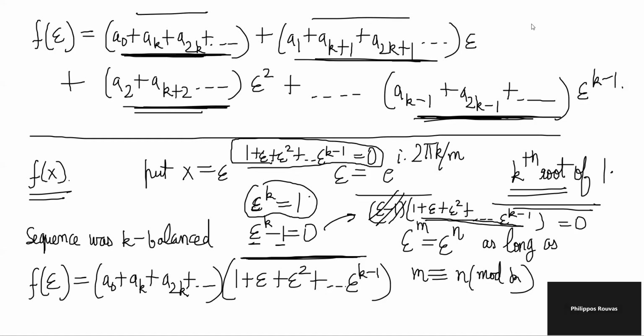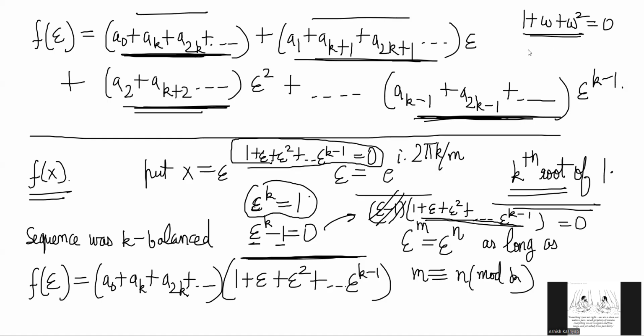Yes. This is similar to the way you prove that 1 plus omega square is 0 if omega is a cube root of 1. Do you know that? Have you seen that before? Yes. Okay, so if omega is a cube root of 1, the sum of powers till omega square adds up to 0.